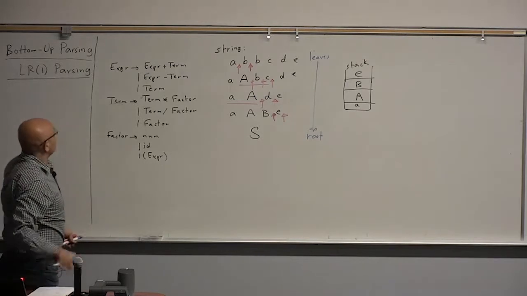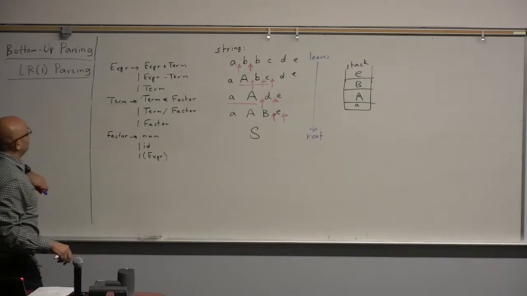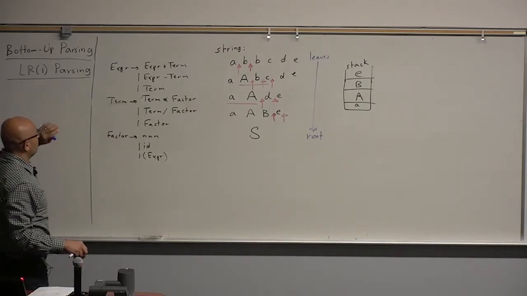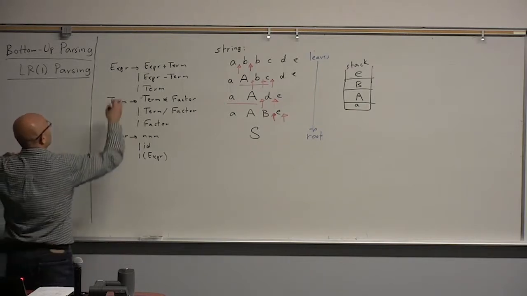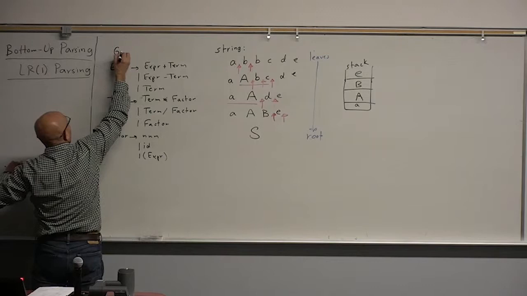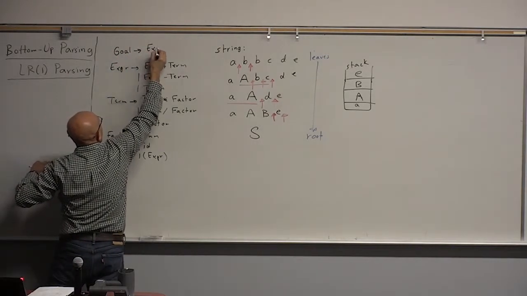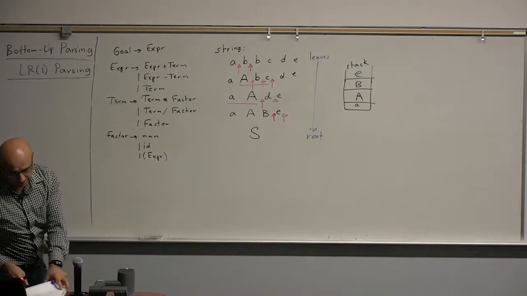And since this rule has multiple alternatives, we would like to have a start variable that doesn't have multiple alternatives. So we just introduce one start variable, goal, that we give it expression. Okay.